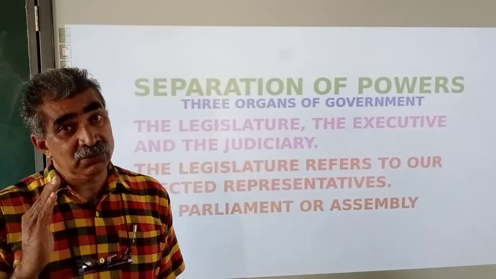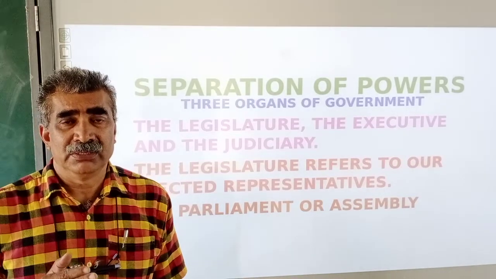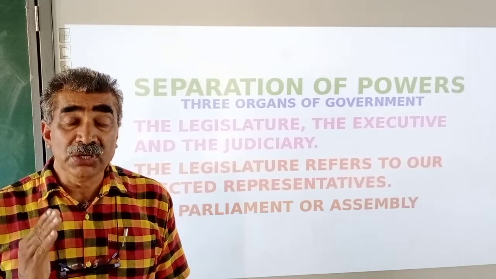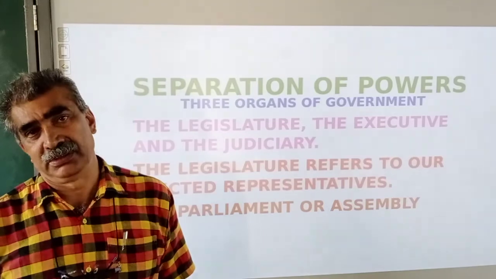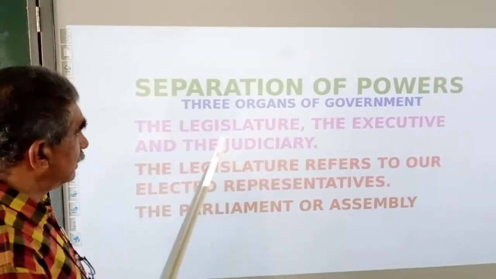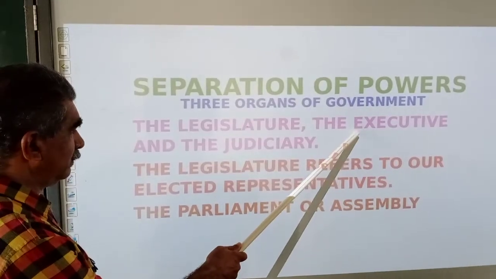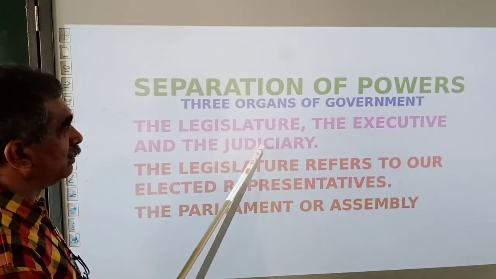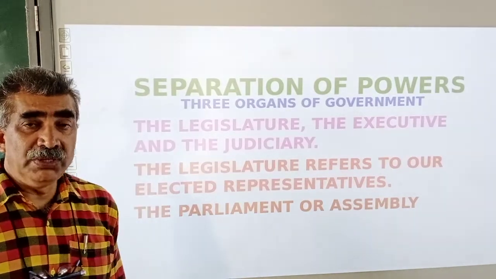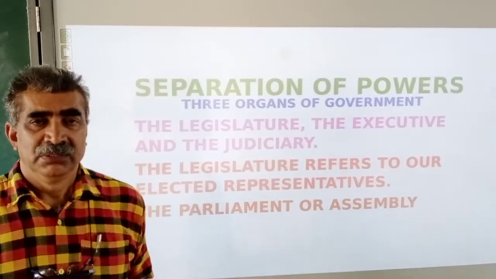So when the American Constitution was written, they divided the power between three organs of government. Those three organs of the government are the legislature, the executive, and the judiciary. We every time call it government.